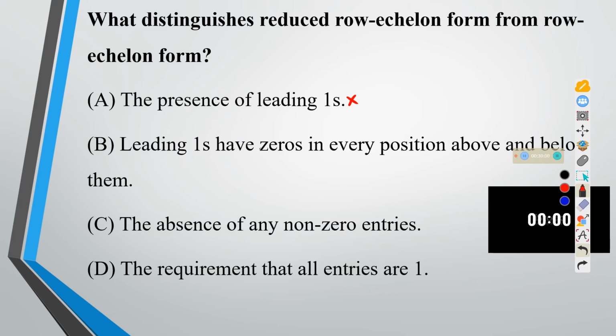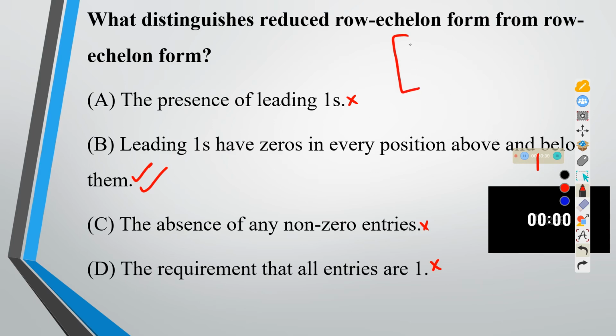Then, leading ones have zeros in every position above and below. This is true. The absence of any non-zero entries is not true, though it can be one of the conditions, but that can't be a guarantee. Then the requirement that all entries are 1, this is not true.